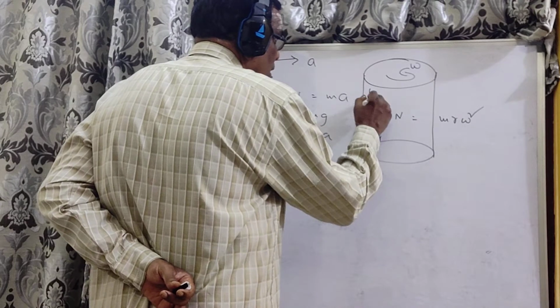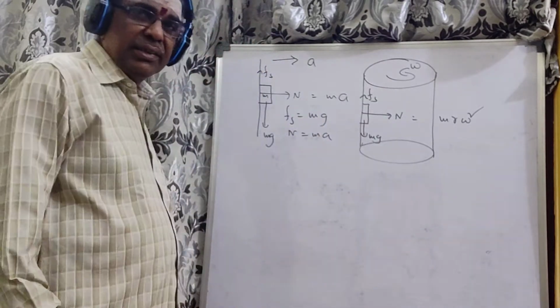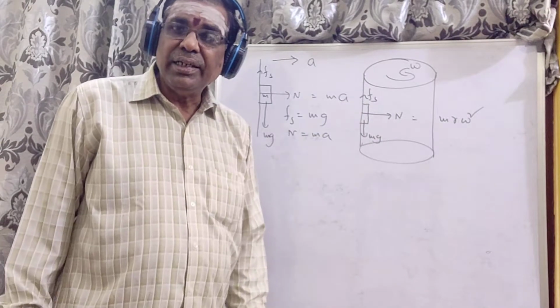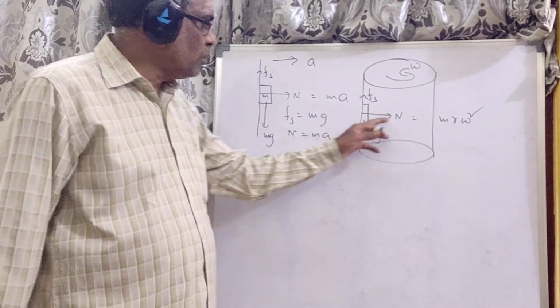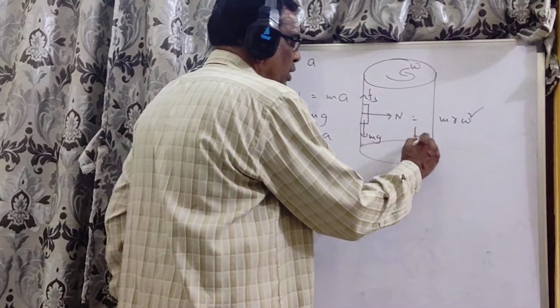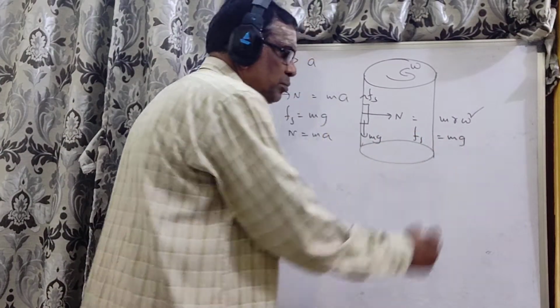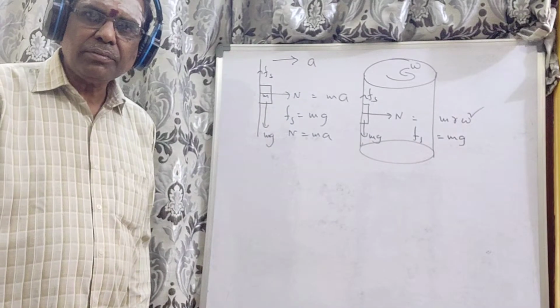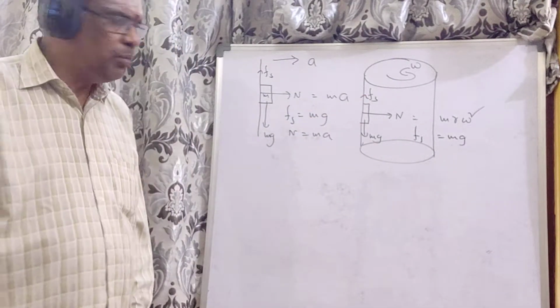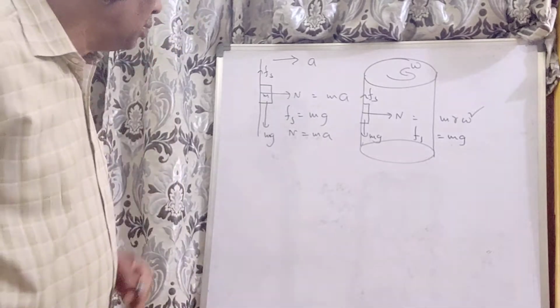This is mg, Fs. Remember, this should always be drawn at the interface only. So N is equal to m r omega square, Fs is equal to mg. I hope you are able to follow this. Okay.